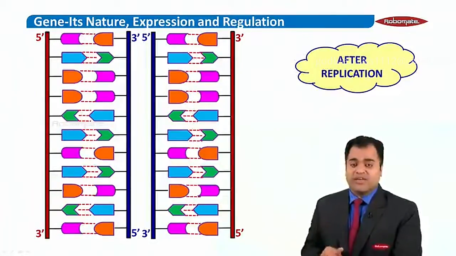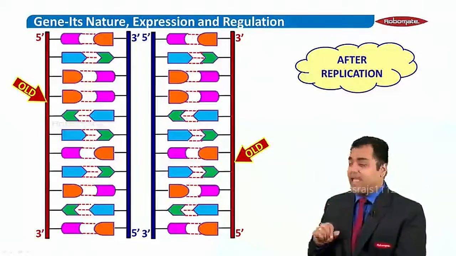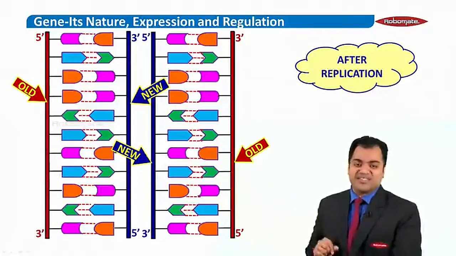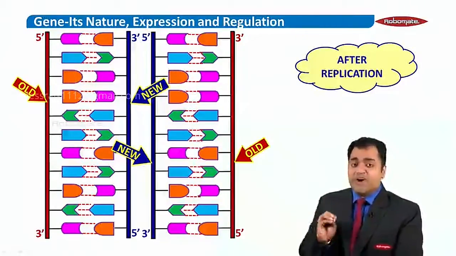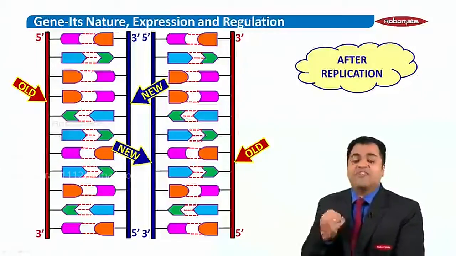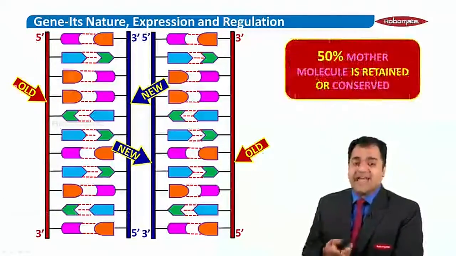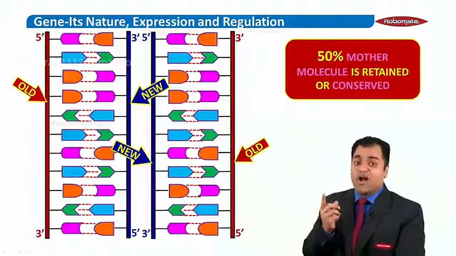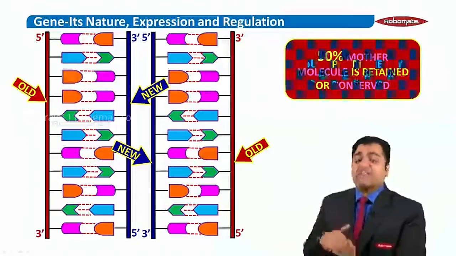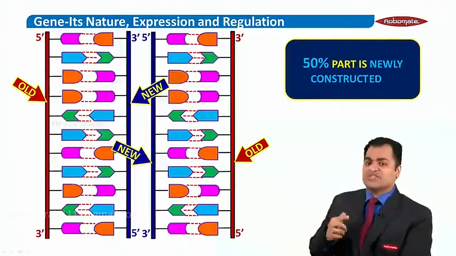Now closely look here. What do you see? You have two old strands, right? And you have two new strands. So in both daughter DNAs, what we see is 50% strand is old and 50% strand is new. Okay, so you can say that 50% of mother molecule is retained or conserved, whereas 50% is newly synthesized or newly constructed.